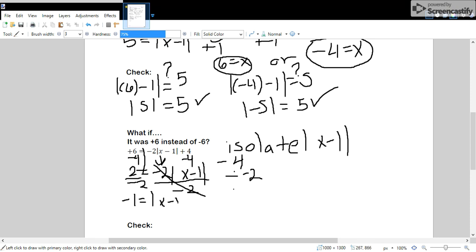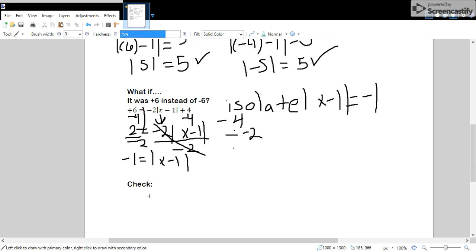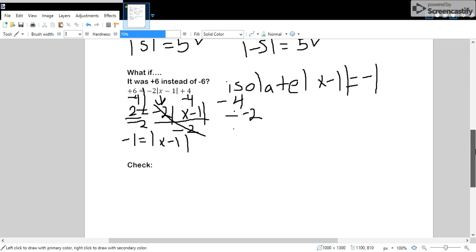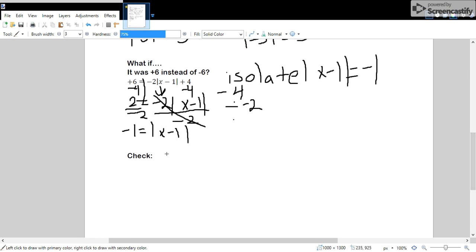So now we've isolated it. So we'll write this out to the side so we can use it when we check our answers. So from here, we're going to set up our two equations. So we have -1 equals x minus 1, or +1 equals x minus 1.